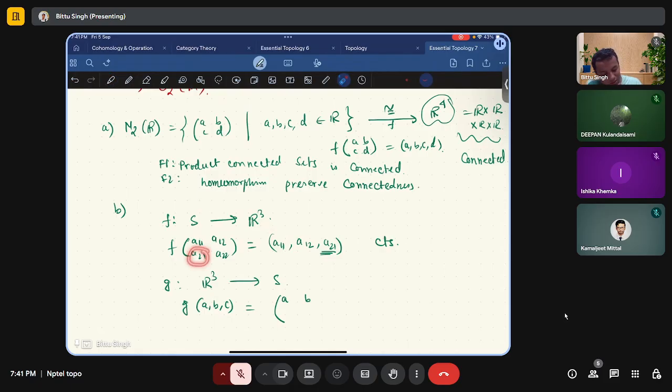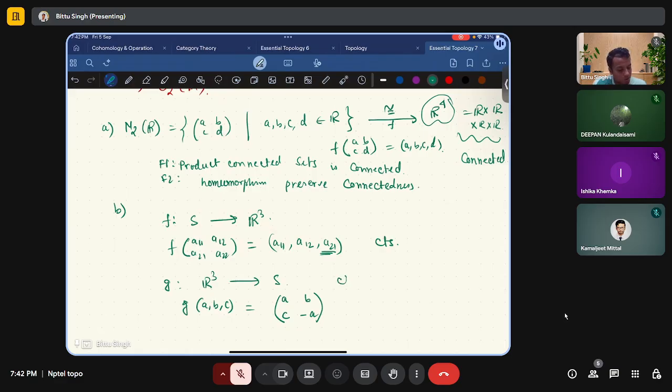It goes to the 2 1 entry, right? So C maps here. Now what will be the value of the 2 2 entry? Note that the trace of the matrix is 0, right? So the entry will be minus A. So (A, B, C) maps to the matrix with entries A, B, C, minus A.